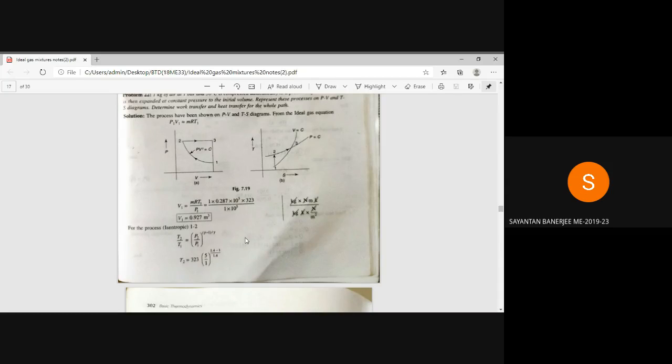So can you repeat the question? No, here we have temperature as 51 degrees Celsius, that is 323 Kelvin. Process 1 to 2 is our adiabatic compression. We are finding out the value of T2, whether T2 is greater than T1 or less than T1.